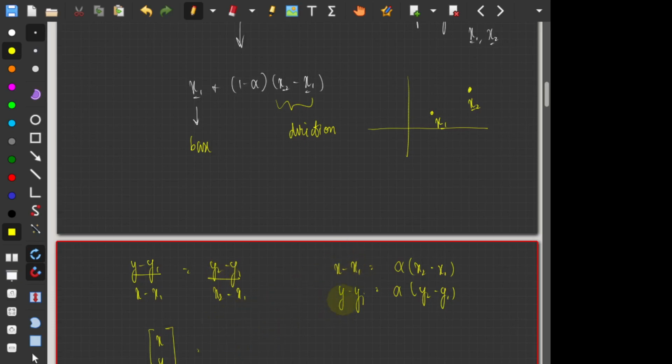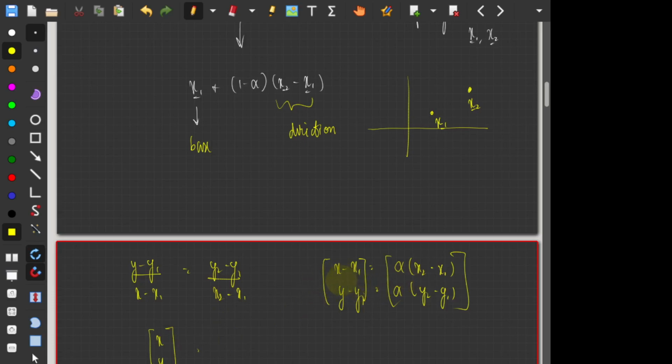Okay, now let's rewrite this. In other words, if I view these as vectors, I basically have two equations, and I can write this in vector form.